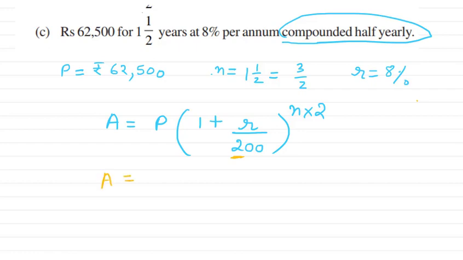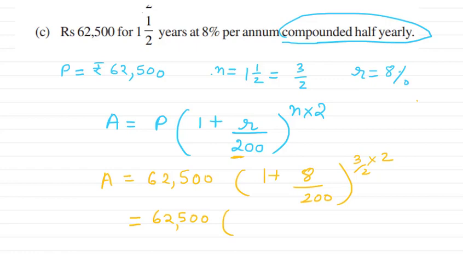So your A will be, you can just put the values and you will get the answer. R is 8 by 200, and 3 by 2 into 2 will be 3 only. So now you can calculate it. After that it will be the same as the previous sum.